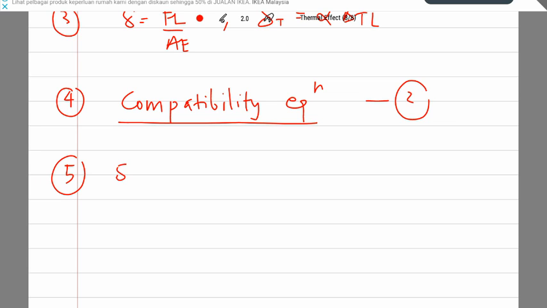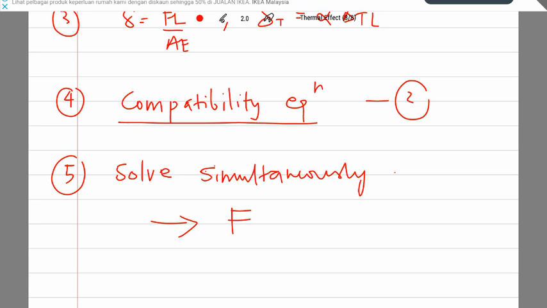So solve simultaneously. Then this will give you the value of F in all rods, in all three rods A, B. Okay, then you're done. That's all. Thank you.